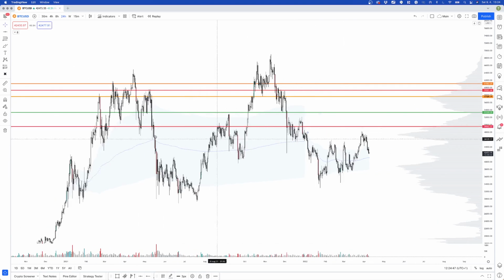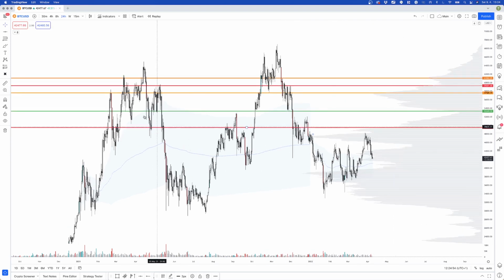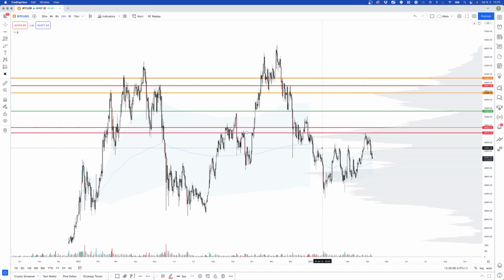If you're going to take a deeper look, this is one of those things where you need to decide how many levels you want to mark out. There is a little bit of an LVN inside here, and this high volume node edge is basically here. I don't mark these with thick lines.